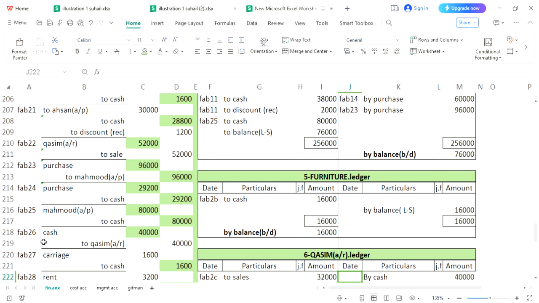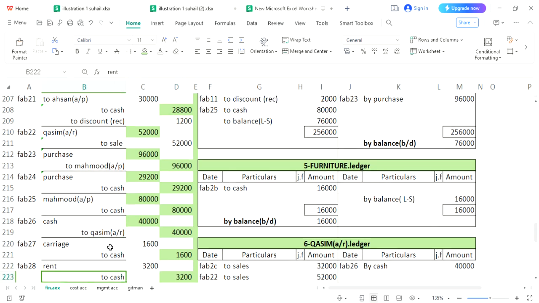Now see its date, February 26. We have written the date, the reference is mentioned, the amount has been posted. It means the entry for this 40,000 is completed. So we are marking it as a completed entry, and we'll start our search again for Qasim.